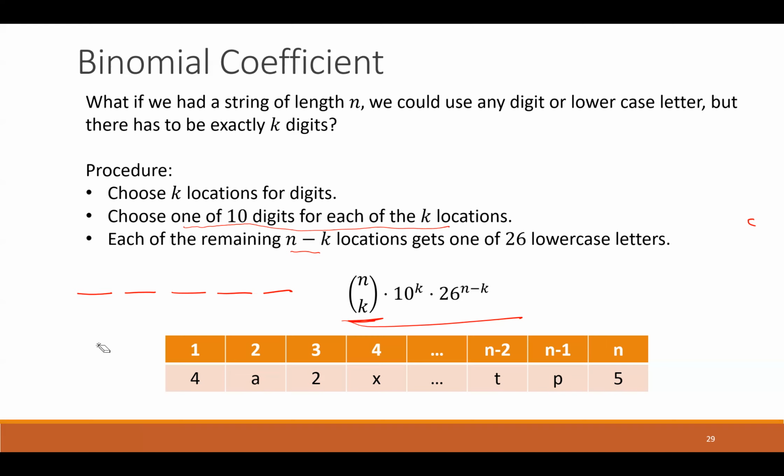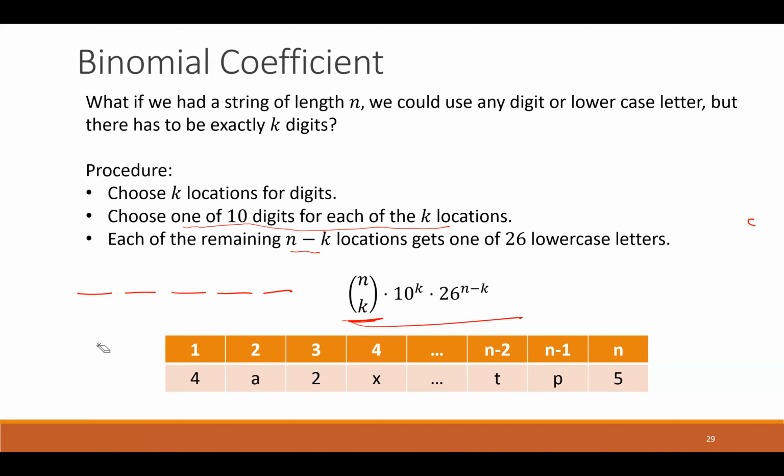Once I have these locations, I know this location needs a digit, and I can choose from my available digits. This location needs a character, and I can choose from my available characters. So I'm really doing 2 steps. One is choosing the locations, which is subsets. Order doesn't matter whether I choose 1 and 2 or 2 and 1. It's the same pair of locations. But then I start putting my letters or numbers in.